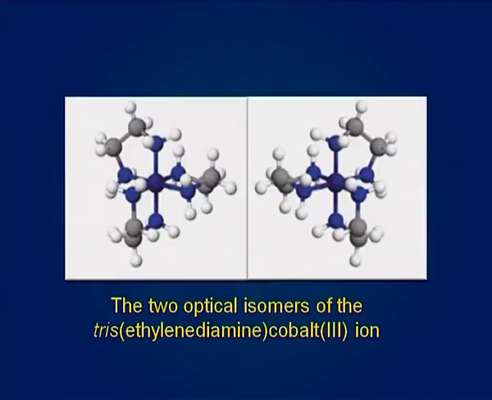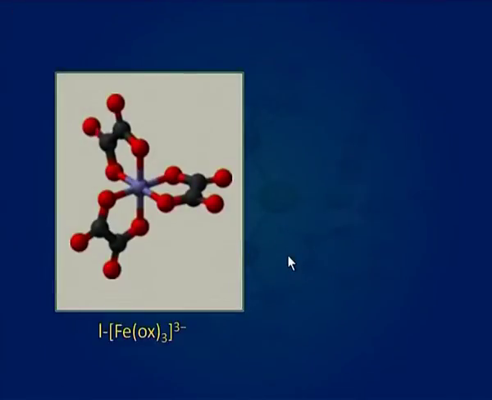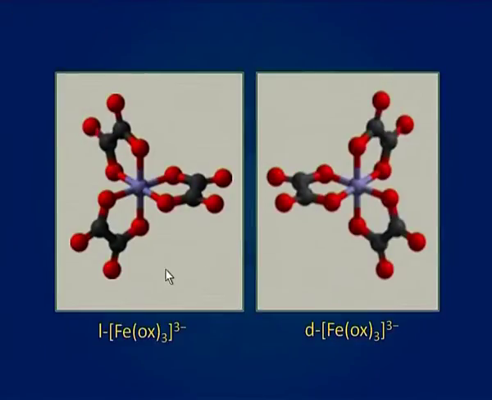Here is the stereo view of two optical isomers of tris(ethylenediamine)cobalt(III) ion. You can see the stereo view of another example of this type of complex, [Fe(ox)3]3-.